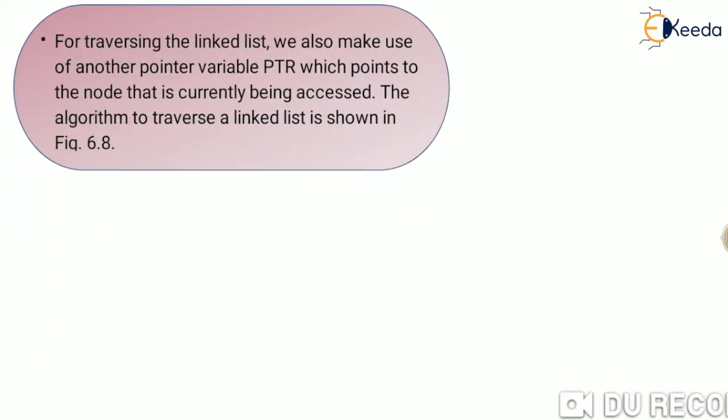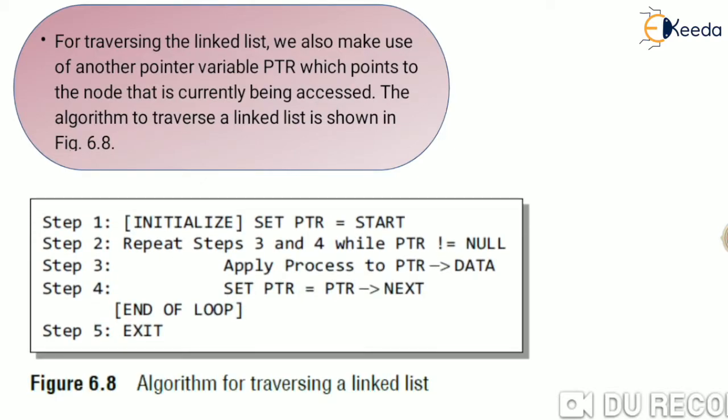Now next, for traversing the linked list, we also make use of another pointer variable. The pointer variable is ptr. From now onwards, for every step, there is an algorithm: to insert the data at the beginning, to insert in the middle, to insert at the end.